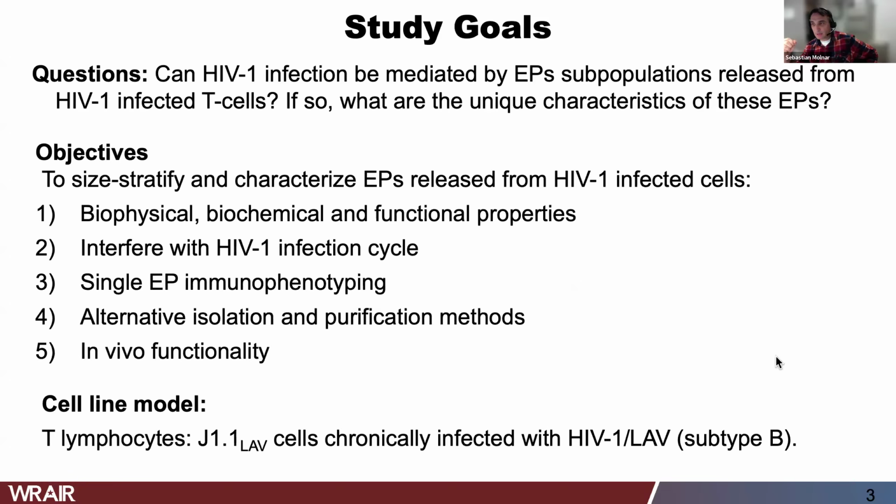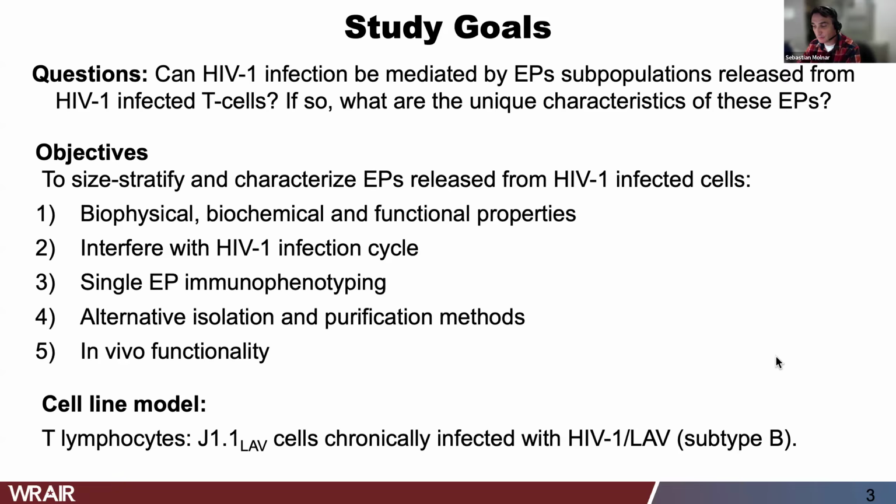We had a few objectives: to size-stratify and characterize extracellular particles released from the infected T cells, looking at their biophysical, biochemical, and functional properties, trying to interfere with the HIV infection cycle, looking at single extracellular particle immunophenotyping, at alternative isolation and purification methods, and, more recently, at their in vivo functionality.